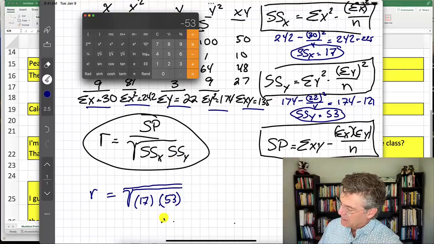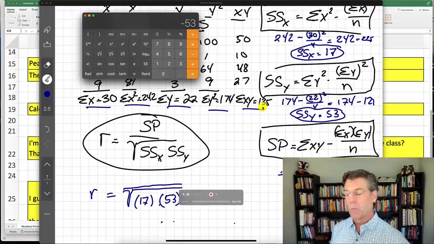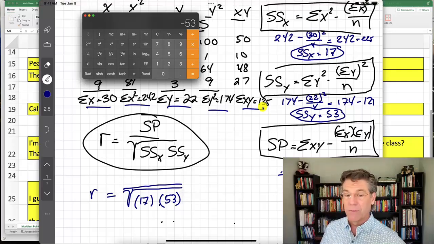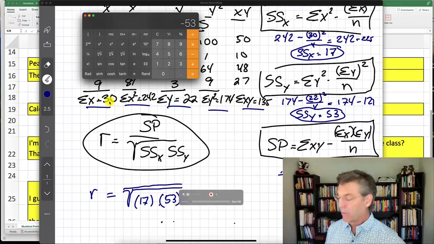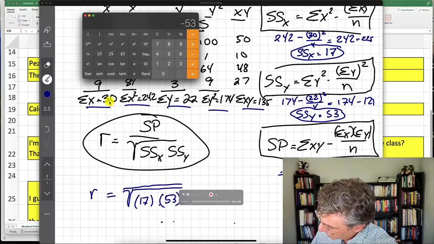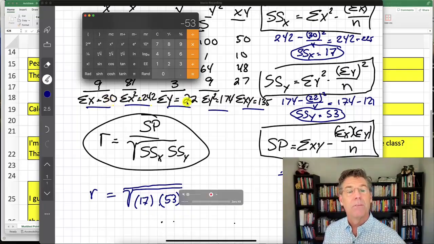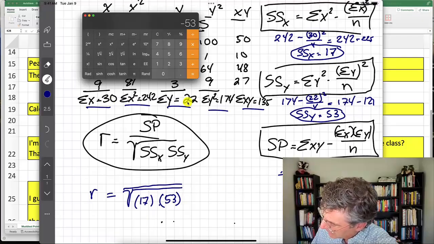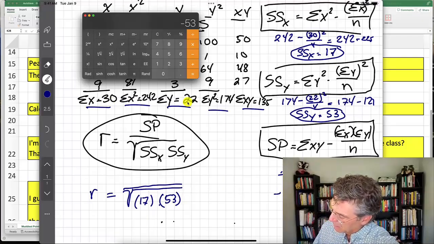Now the last one is I need to do my sum of products. So I need my sum of x times y, which is the 135, minus sum of x, which is the 30, times sum of y, which is 22, and divide by n of 4.